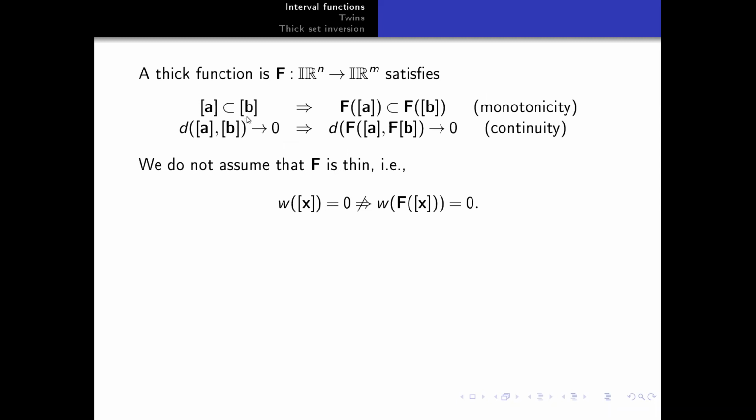Okay, so now I will give the introduction of a thick function. So it is the same. I have the monotonicity with respect to the inclusion. I have also the continuity of F, capital F, but now I do not assume that it is thin. It means that if the box X has size equal to 0, it does not imply that the width of the image is equal to 0.